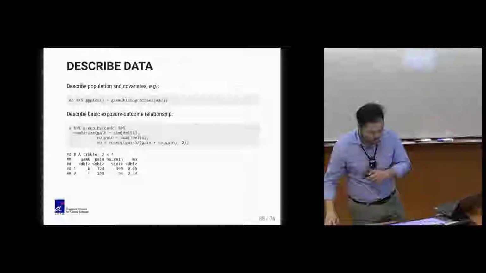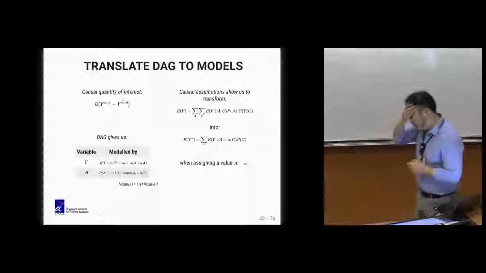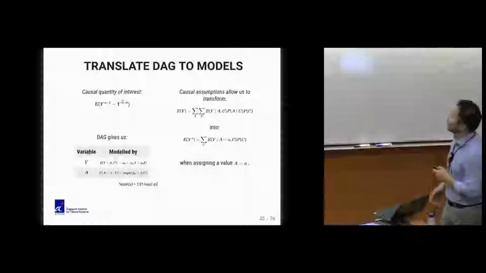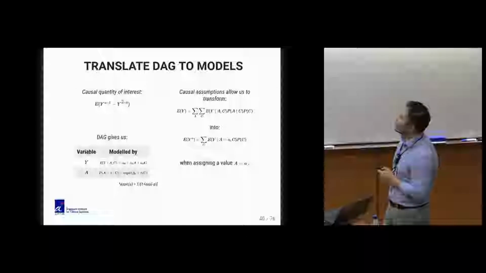So the equations, the dependencies that represent that, are: Y is a function of an error term, the effect of A and the effect of C. A is only dependent on C, and we can represent this by expectation or a probability.